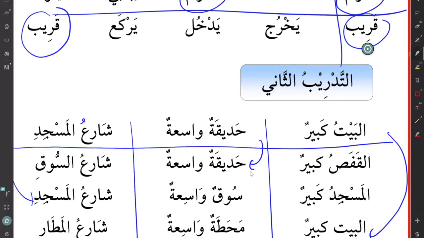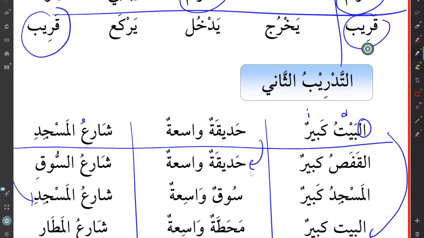So the first one we have al-baytu. What kind of word is it? It is a definite noun, right? Al-baytu, because we have alif lam. And the second one is kabirun. It is indefinite. Okay, remember what I said? In a simple sentence, the subject needs to be definite and the predicate needs to be indefinite.